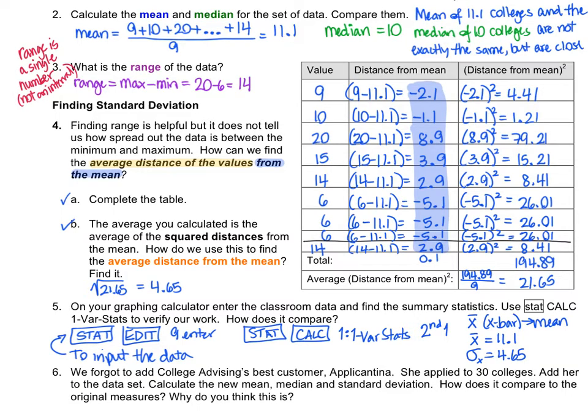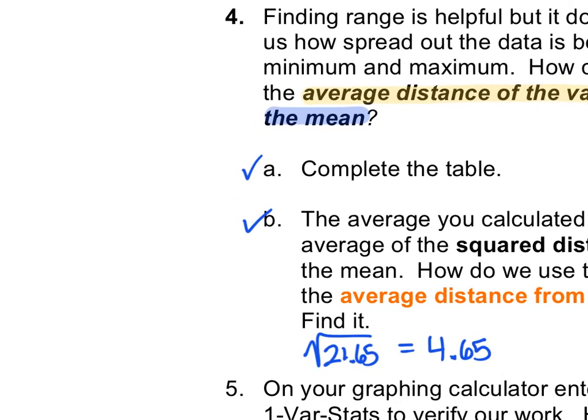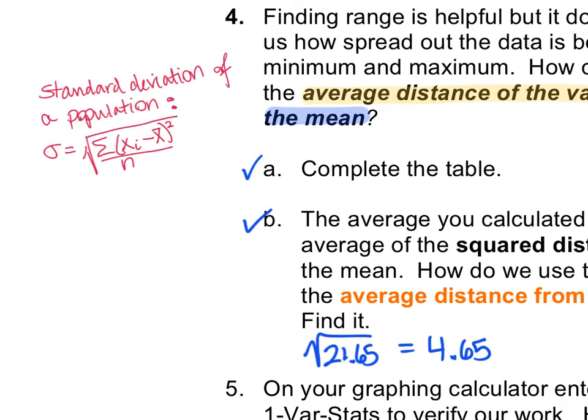Now, what does that really mean? That means that there are two different formulas for standard deviation, and they're not super different. So I'm going to try to squeeze in those two formulas right here so that you can see the difference. And the first one that I'm writing down is the standard deviation of a population. That's if our data set is the only group that we're interested in. Then we use that sigma in the calculator, and the formula is exactly what we followed in the table. The square root of the sum of the differences of each value from the mean squared, and then divided by the number of numbers that we have.